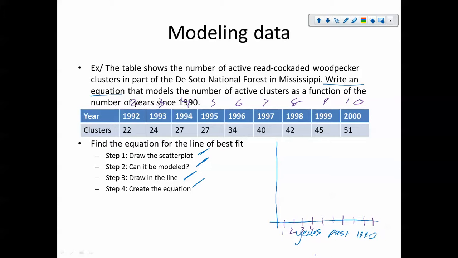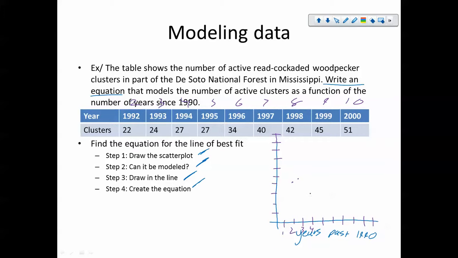Let's see, we need to go from 20 to 50 here. We can do that by 5s: 5, 10, 15, 20, 25, 30, 35, 40, 45, 50. And let's mark our points. This is 2, 22. 2, 22 is about there. And then 3, 24, about there.